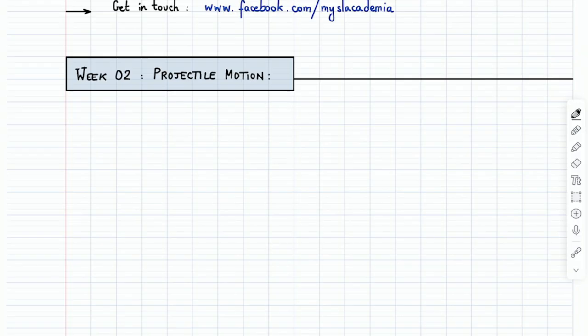So to get started, let's give a definition, and then I want to touch on a question that I've gotten a lot this past week while we review kinematic equations.